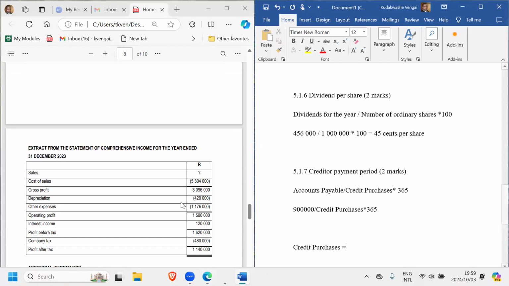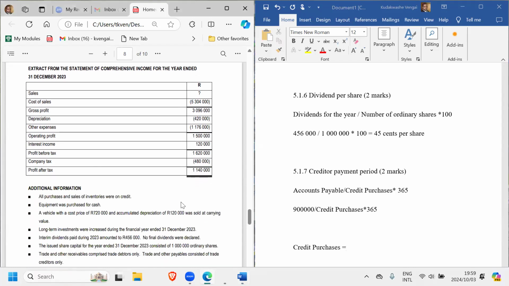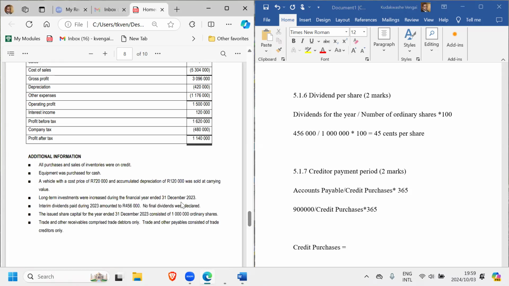The first point that I want to make, which is very, very important, and which you can make a mistake on: some companies can buy some purchases on cash and some purchases on credit. So your lecturer might tell you that 90% of the purchases were on credit, which means that to calculate credit purchases, you are going to say 90% multiplied by the purchases.